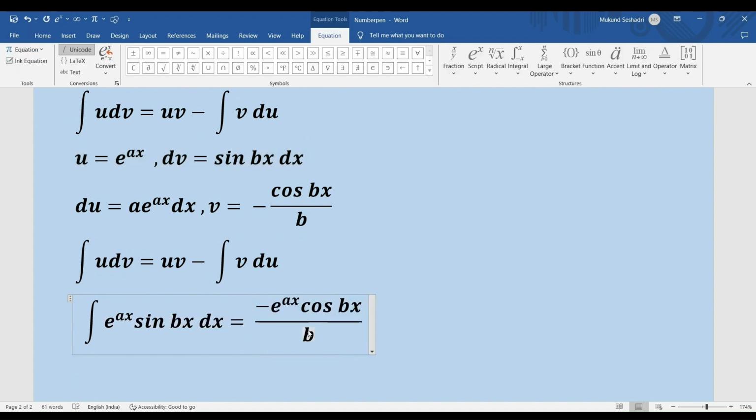So that's the first part of my RHS. And then I have a minus the integral of v du, right? My v is nothing but minus cos bx by b, and my du is nothing but a times e to the power ax dx, right?